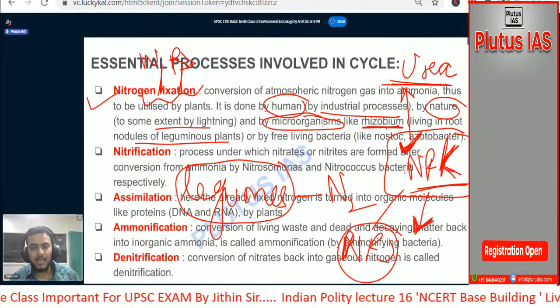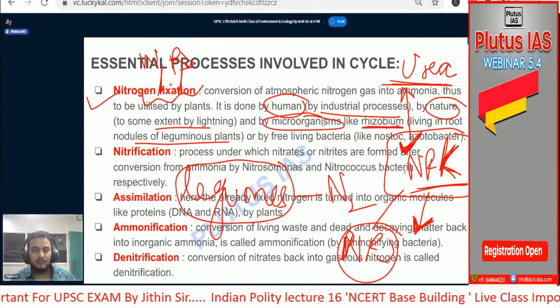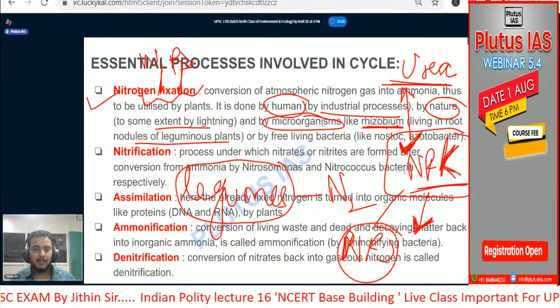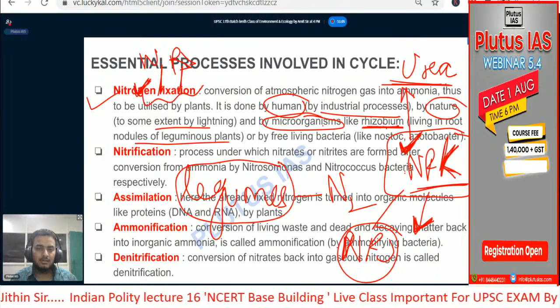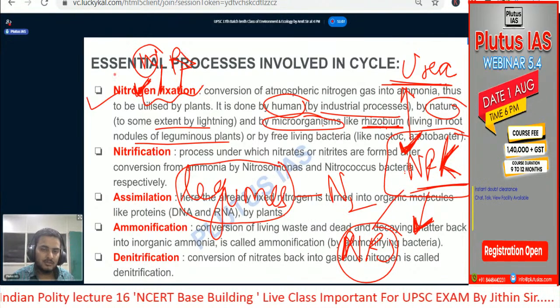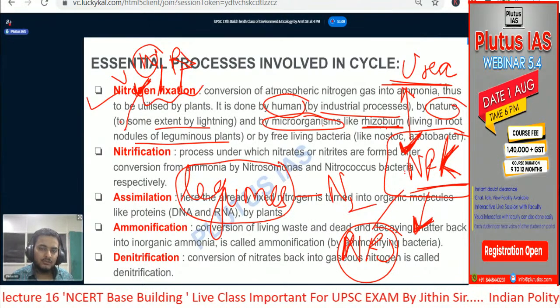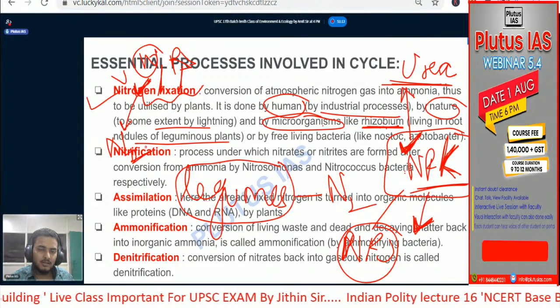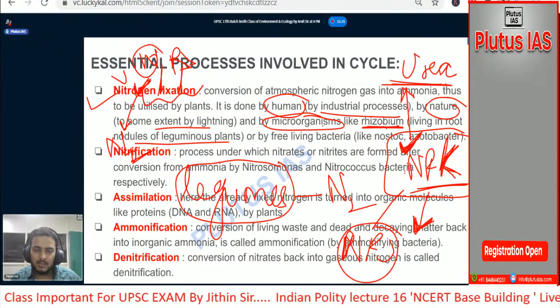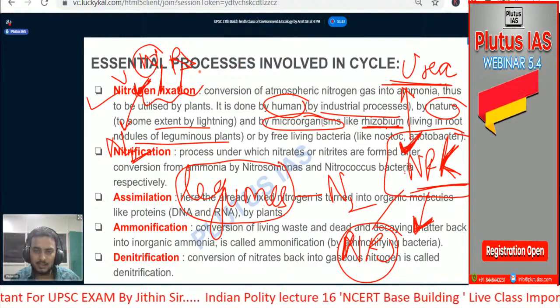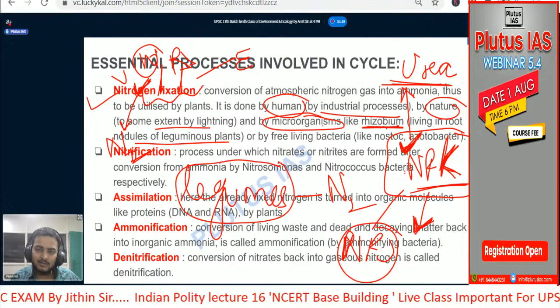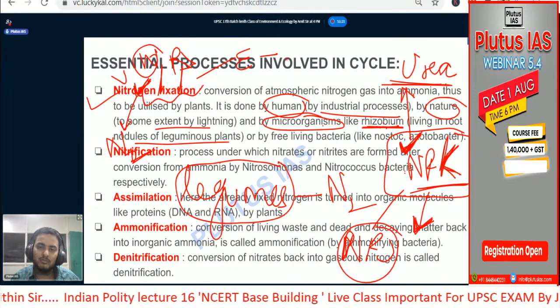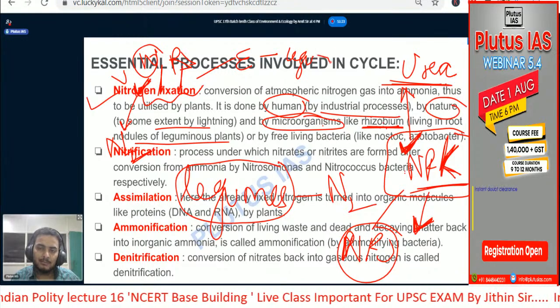Most of the nutrients are taken by these plants, suppose they take nitrogen. So what will this lead to? This will lead to deficiency of nitrogen in soil. So we can either naturally fix it by growing legumes, for example pulses.